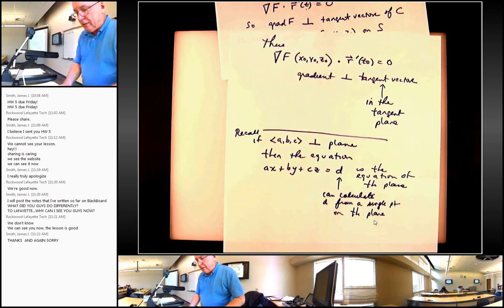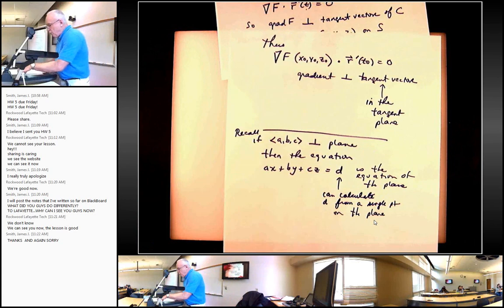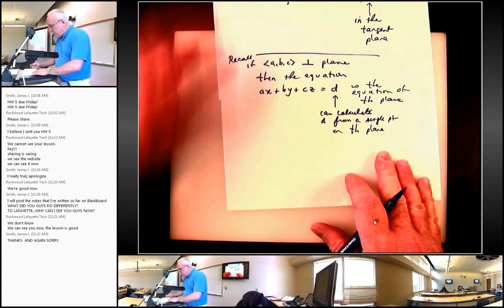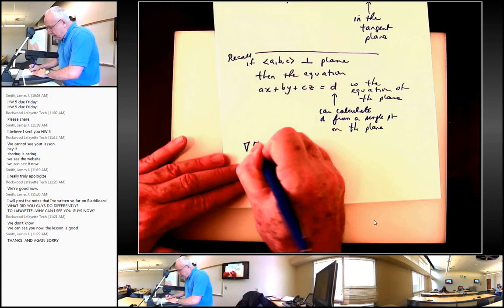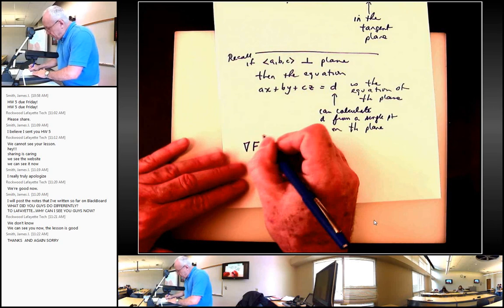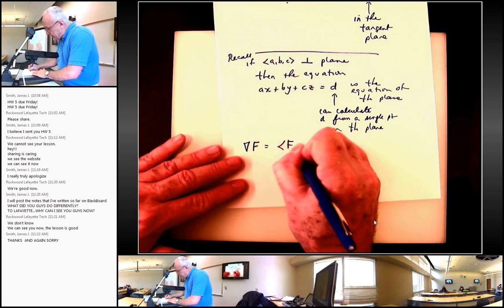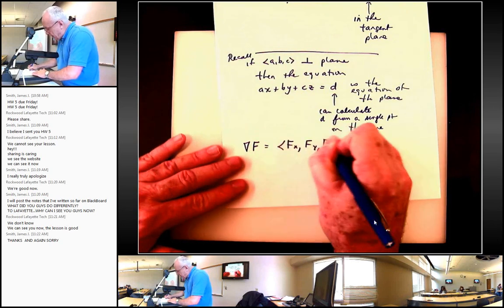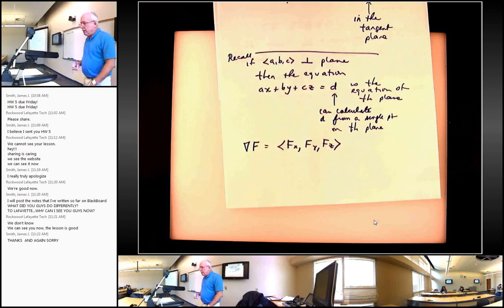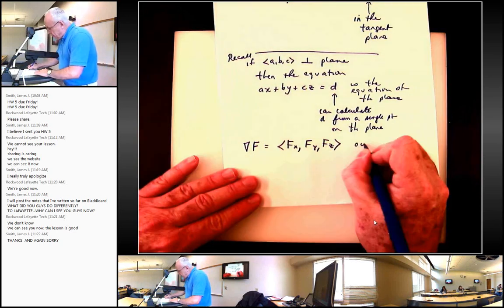Okay, so we're going to have the same thing here then. Our gradient vector F is equal to capital Fx, capital Fy, capital Fz. All right? And this is our normal vector.